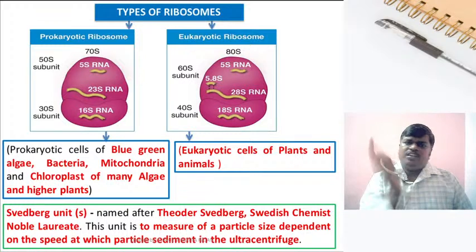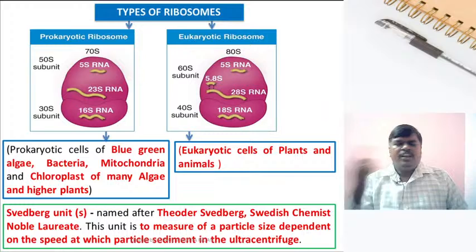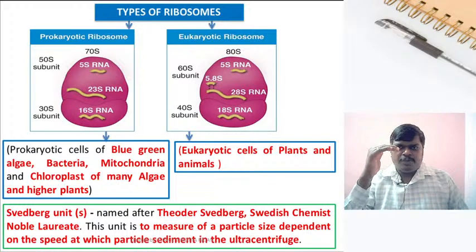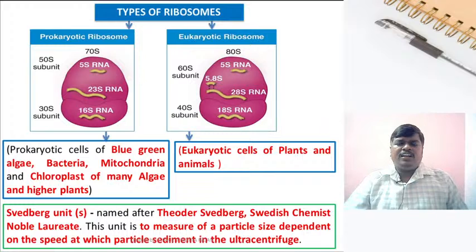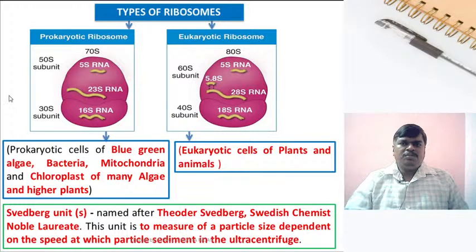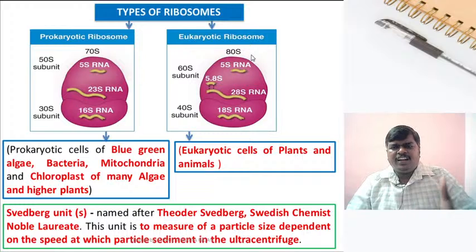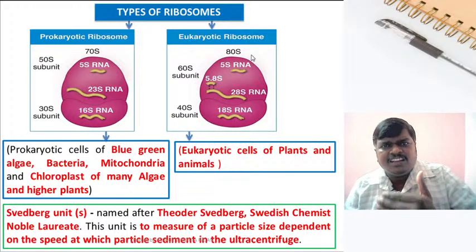Centrifuge means rotating something at high speed. What will happen after that? The sedimentation process takes place, and the sedimentation of the particle depends on its size. Similarly, the Svedberg unit, 80S, represents the particle size.